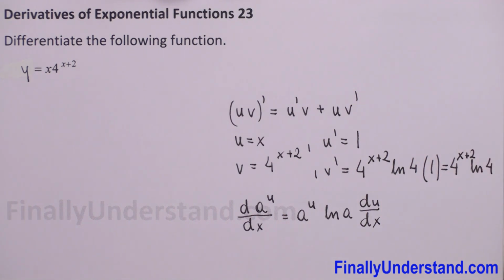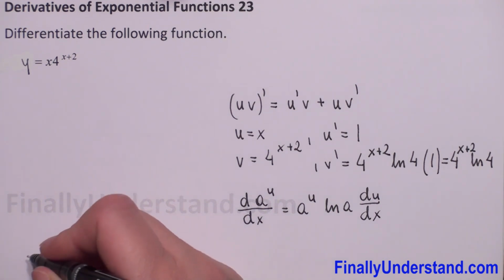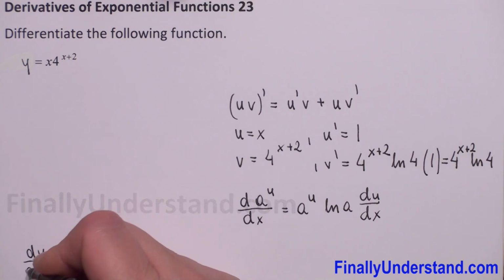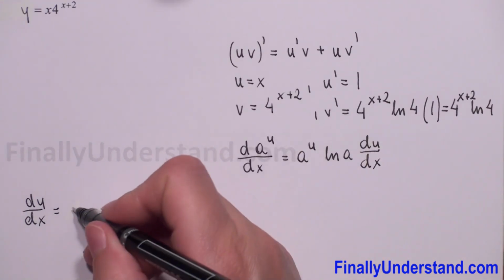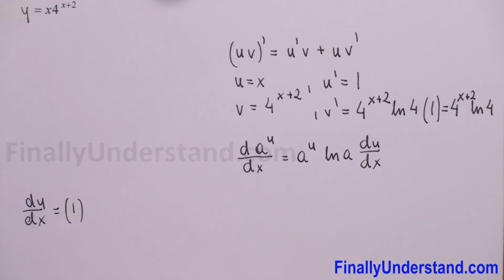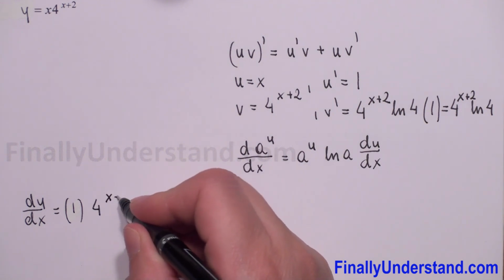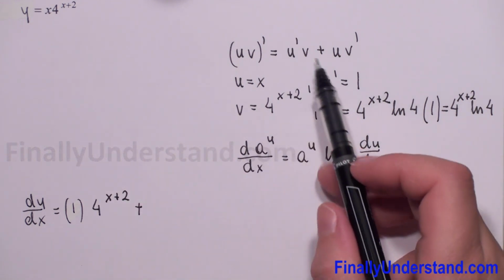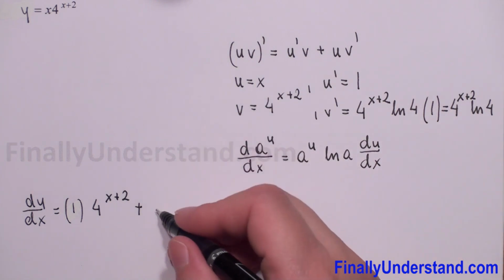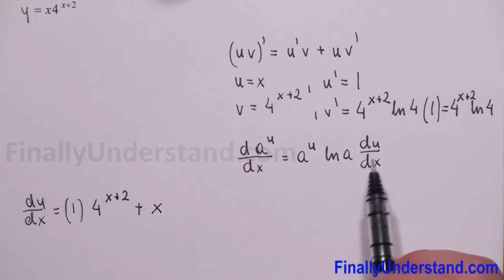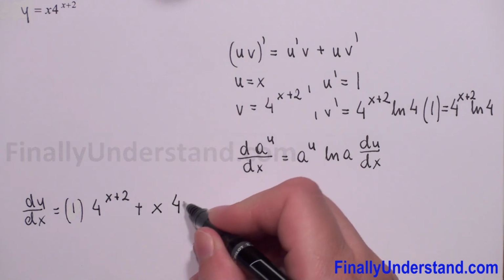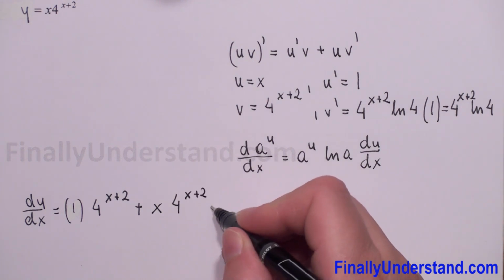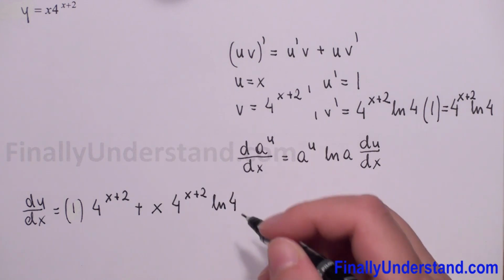Now to differentiate our function, we have to substitute. So dy/dx is equal to, first we have u prime, which is equal to 1, we can put in parentheses, times v, which is 4 to the power x plus 2, plus, next we have u, which is x, times v prime, which is 4 to the power x plus 2 times the natural log of 4.